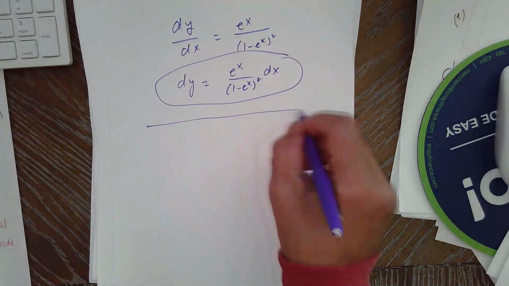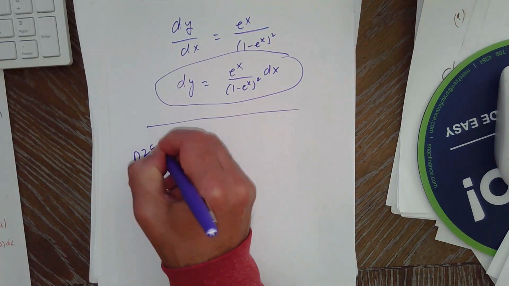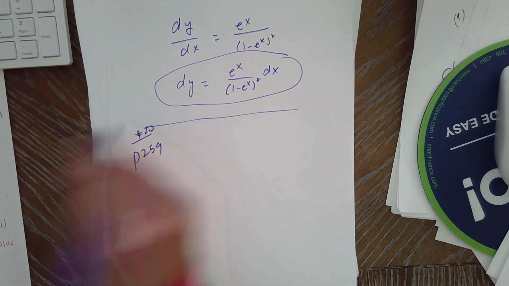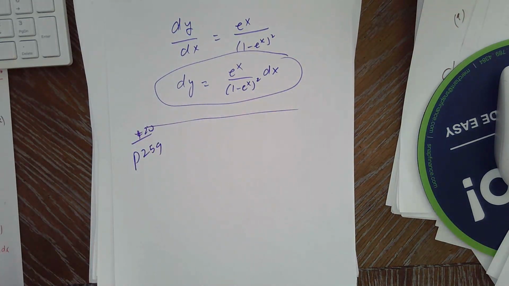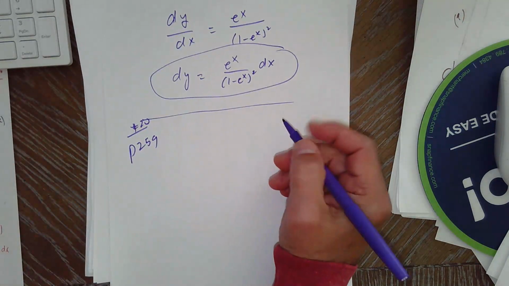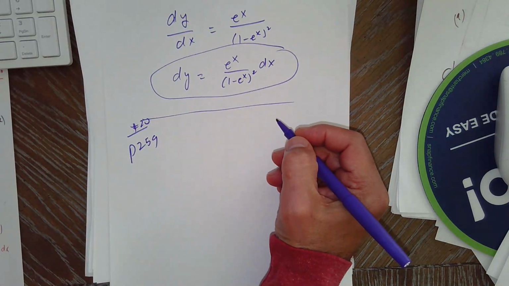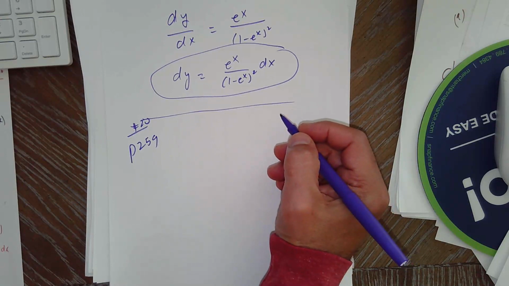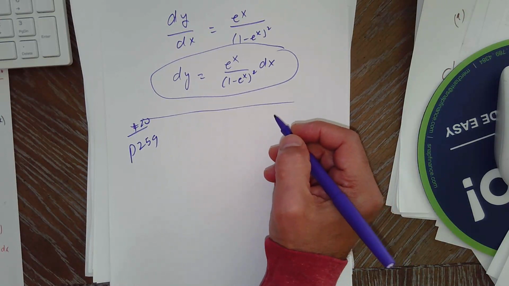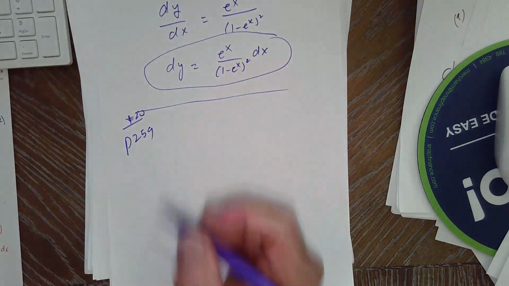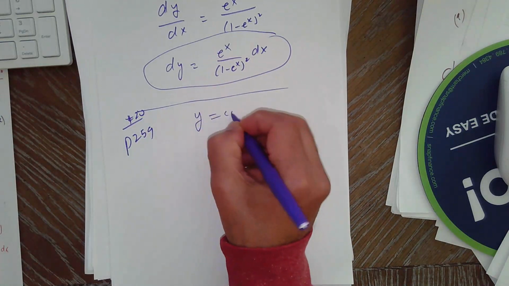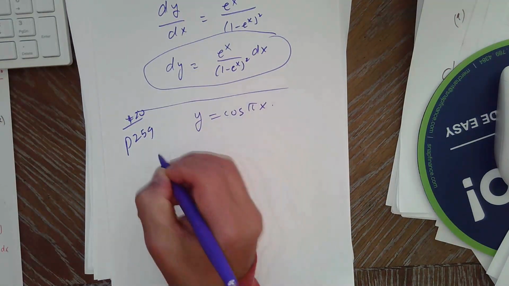Okay, now let's look at page 259, number 20. It says, find the differential and evaluate, so they were going one step further, evaluate dy for the given value of x and dx. Good. So first it says find the differential of cosine pi x, so let's do that.